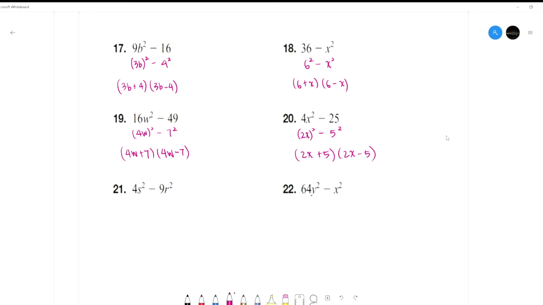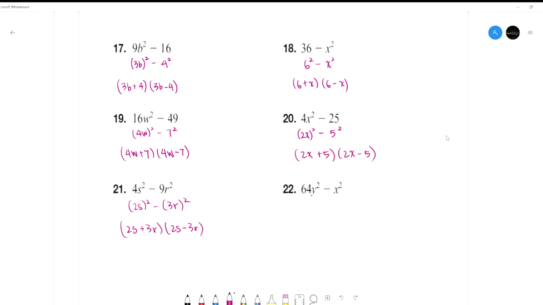This is a subtraction. So we see that 4s squared is actually (2s) squared, right? And 9r squared is what? That's our (3r) squared, right? See our difference of squares? So that gives us the two factors of (2s plus 3r) times (2s minus 3r). Hopefully you got that one.